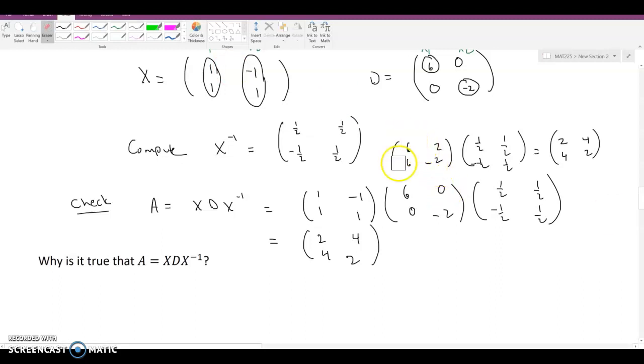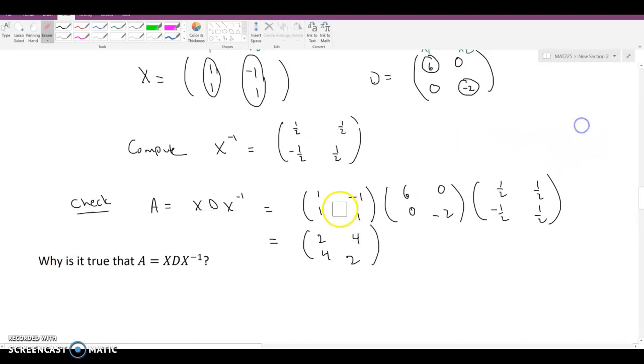So if you had instead reversed the columns, if you had switched the v1 and v2 in this matrix, another way to do this would be to write negative 1, 1, 1, 1, and then instead of putting 6 at the top left, you'd put negative 2 here, and then 6 at the bottom.